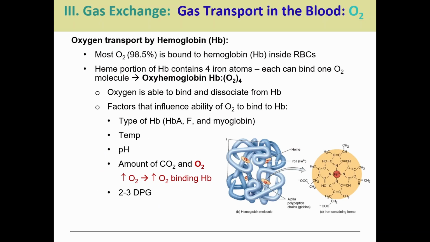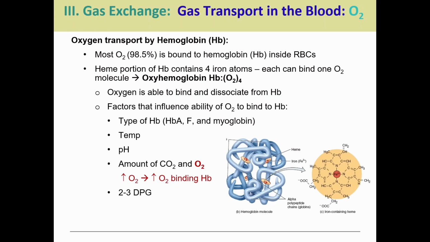So again, most of our oxygen is going to be carried bound to hemoglobin in these red blood cells. The heme portion has 4 iron atoms, so we have 4 irons per hemoglobin molecule. Each iron can bind to 1 oxygen molecule, and this is where we get the oxyhemoglobin. Oxygen can bind and unbind, right?